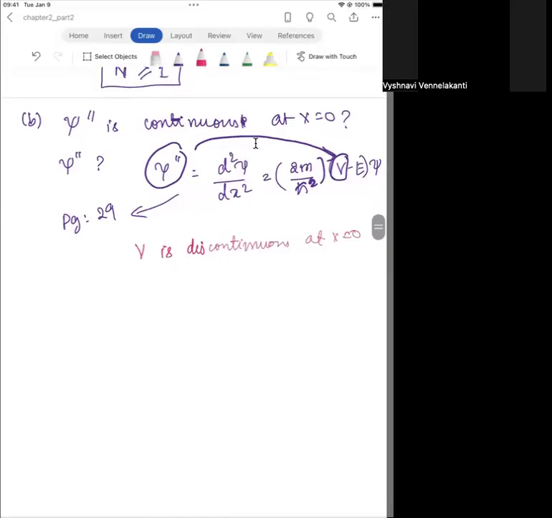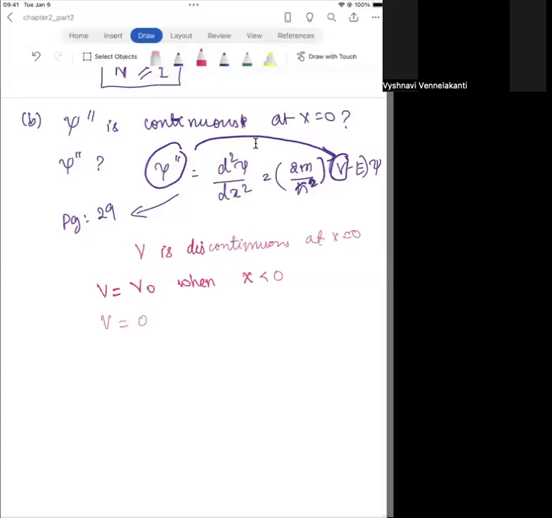So, okay, the potential is equal to V0 when x is less than 0, right?